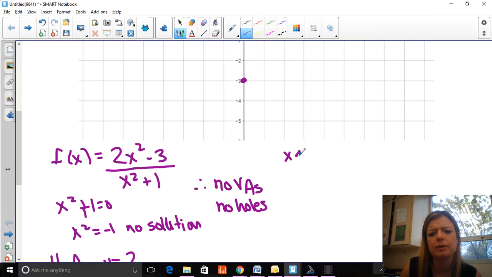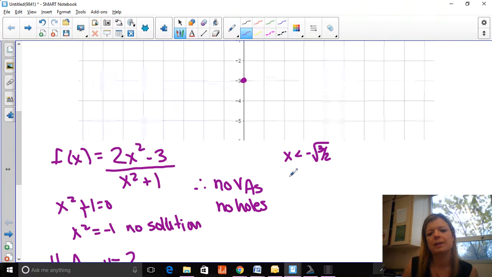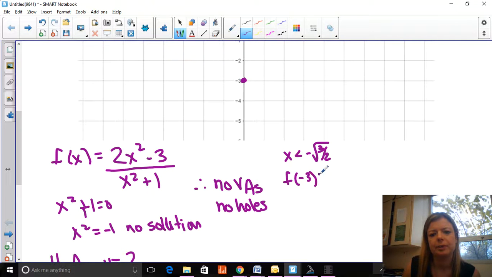So I have to check before my first 0 to see if the function is positive or negative there. Okay, so I'm just going to put in f at, like, -3. So that would give me 2 times 9, so 2 times 9 is 18, minus 3 is 15, over 9 plus 1 is 10.